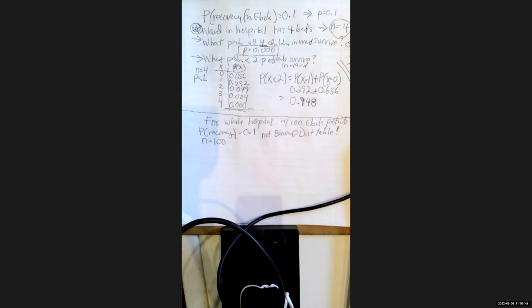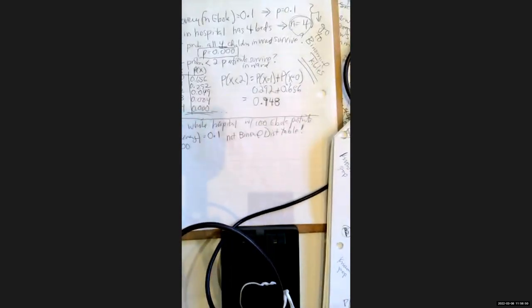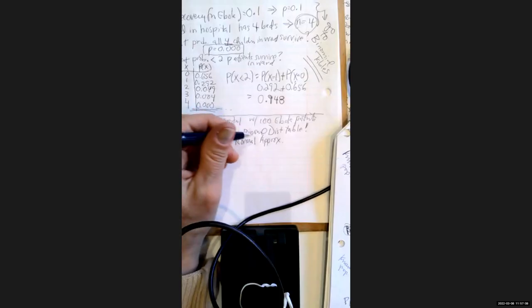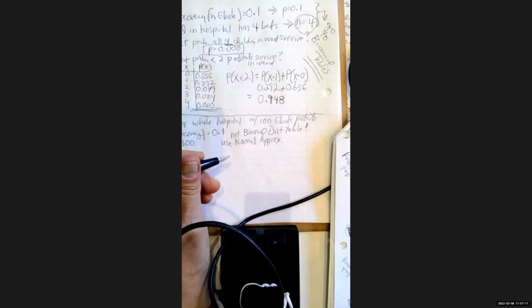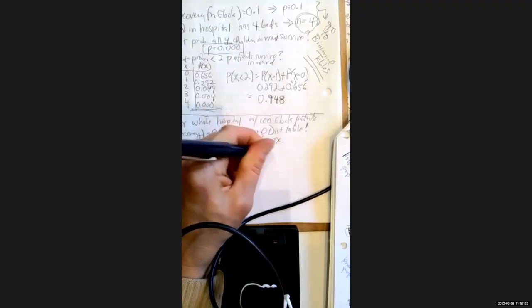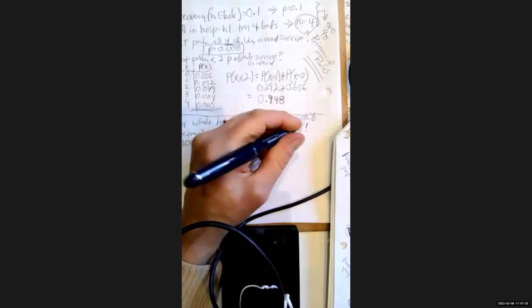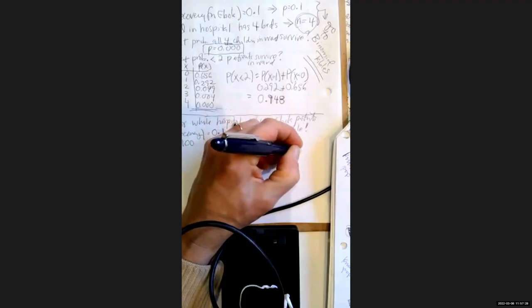And we're going to change how we talk about the question, because we're switching from a discrete distribution to a continuous distribution. We're going to have to use the normal approximation to our binomial distribution. The normal approximation is that we're going to find the mean and standard deviation of our binomial distribution, and we're going to use it as a normal distribution. It's that simple, right?